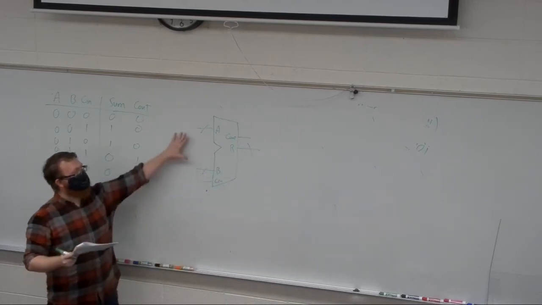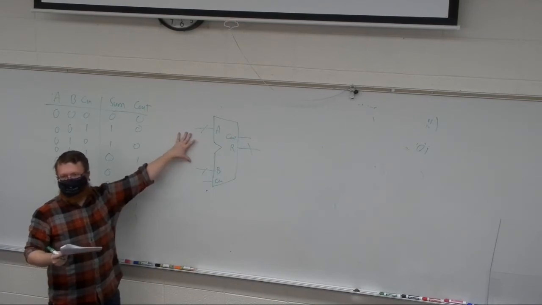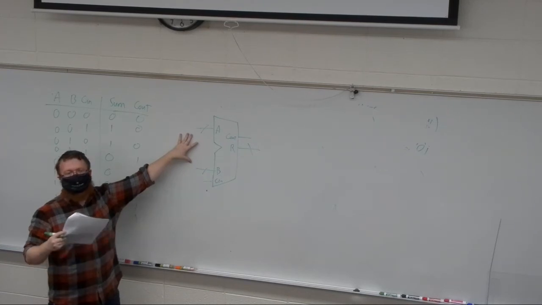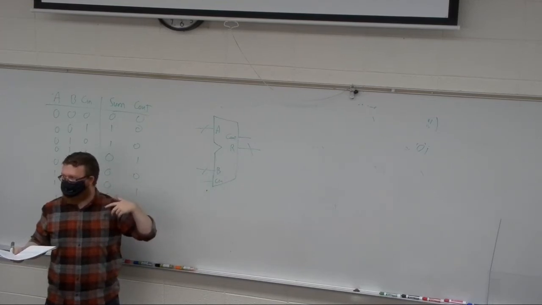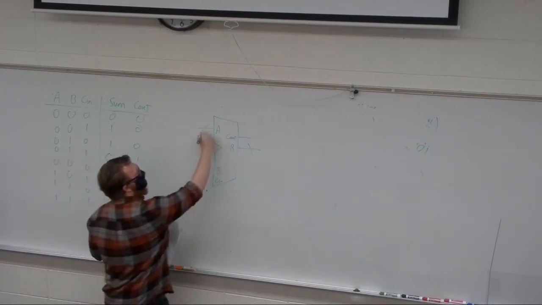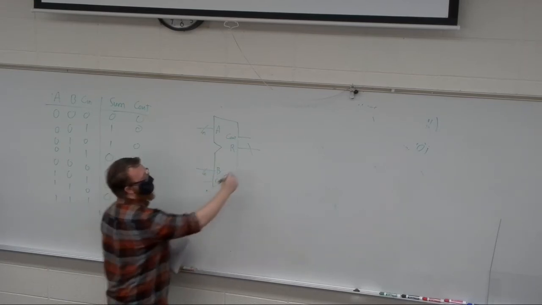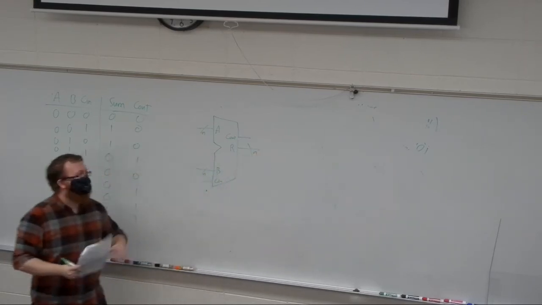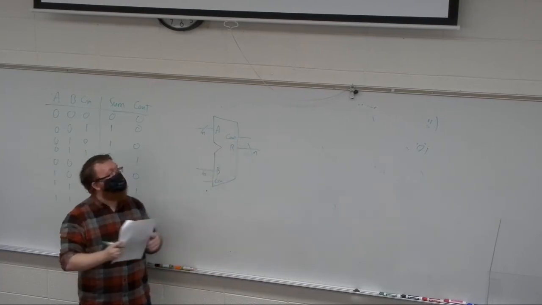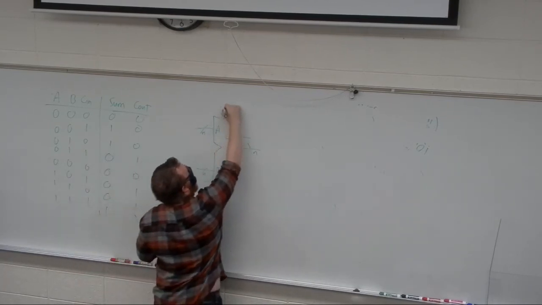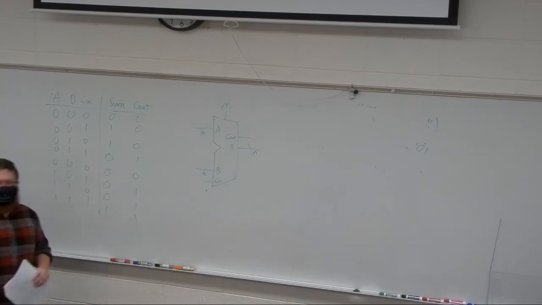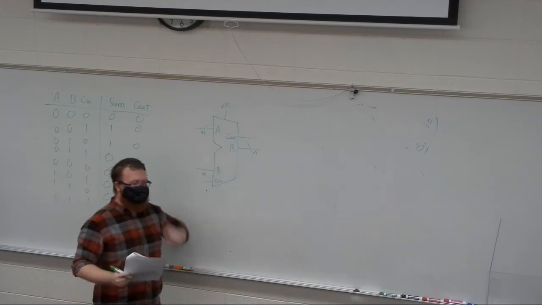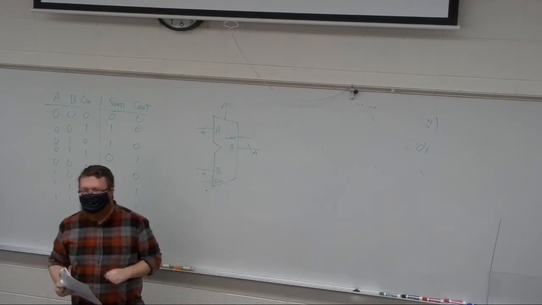So these slashes through lines is the book's notation for what we call a bus. So it may have more than one bit. If it has a slash through it, there's more than one bit stored in there. We don't know. The book's notation is they do /n. So it has n bits. It has a carry in, a carry out, and then last but not least, it has an m input, which is command. What am I supposed to do with inputs A and B? And then it will output it.